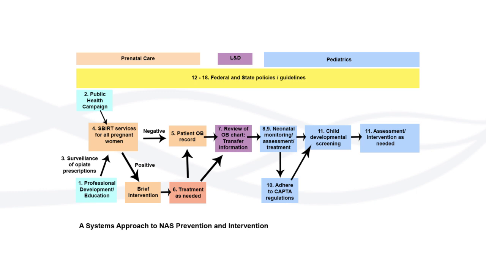In 2015, the Government Accountability Office, better known as GAO, issued a report that reviewed federal interagency coordination efforts related to opioid use in pregnancy and NAS. Not surprisingly, they found there were very few, if any, coordinated efforts among federal agencies.